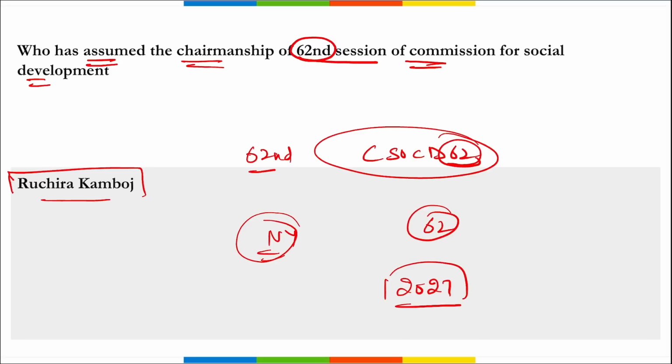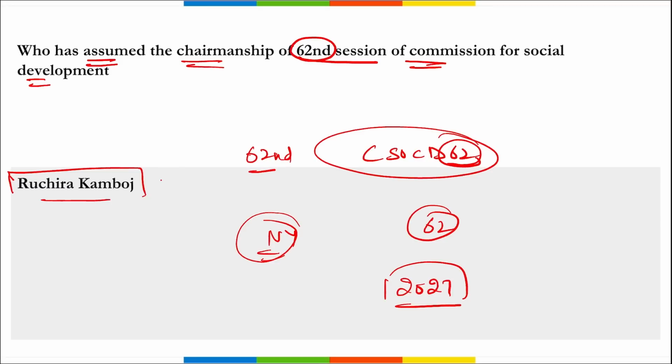And India will hold its term until 2027. Correct? Then, apart from this, remember the central theme for the Commission for Social Development is fostering social development and social justice through social policies to accelerate progress on the implementation of the 2030 Agenda for Social Development. Correct? So directly remember the important things.